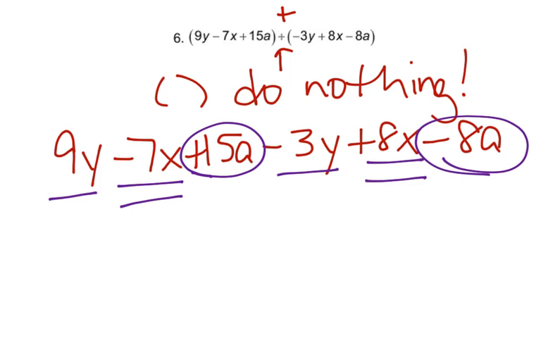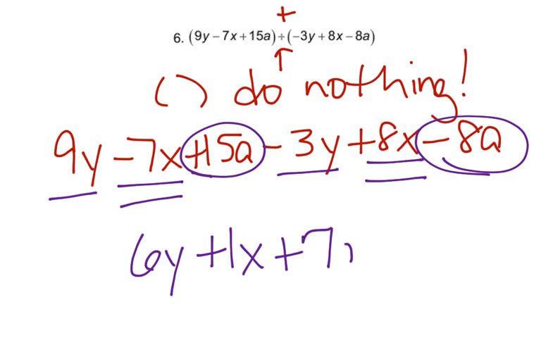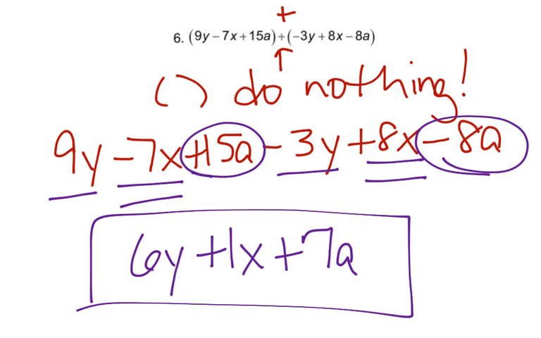Combine your like terms. So 9y minus 3y is 6y, negative 7x plus 8x is plus 1x, and 15a minus 8a is plus 7a. That is your answer. You're going to have long, strange-looking answers here, and that's okay. Make sure you're getting all of this written down because you're turning your notes in as part of your grade.